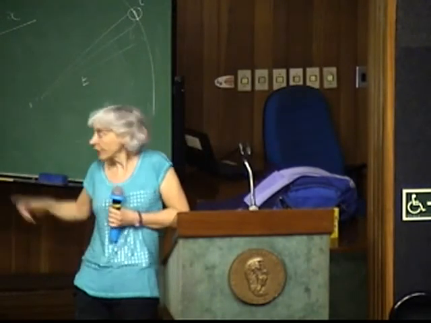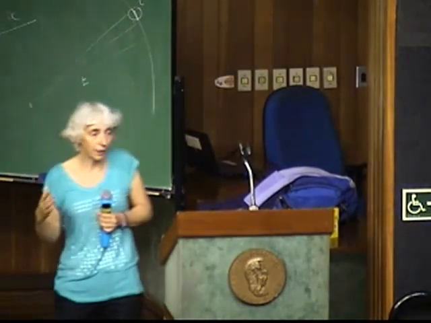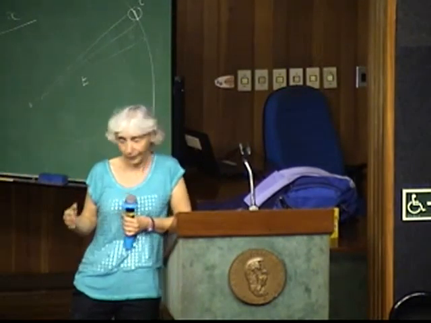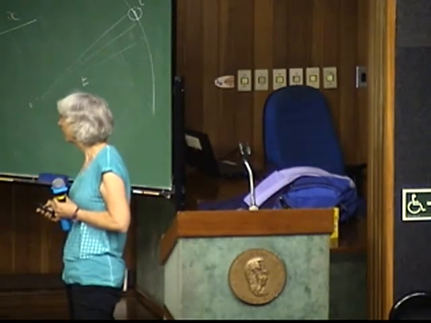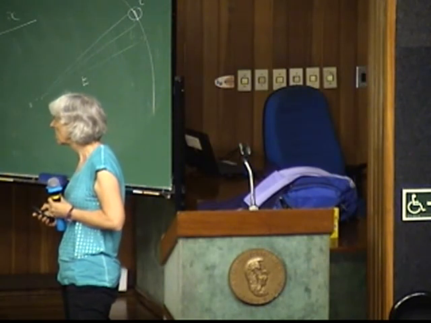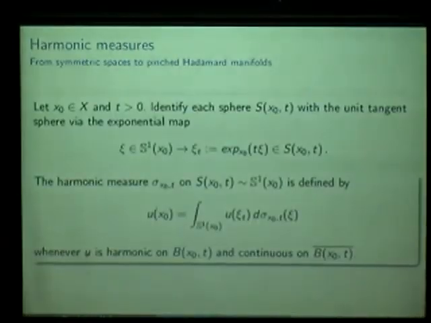So the measures we are speaking of here have to be the so-called harmonic measures. What are harmonic measures? You are in a Riemannian manifold. You fix a point, you have a ball. And then you can solve the Dirichlet problem for functions.